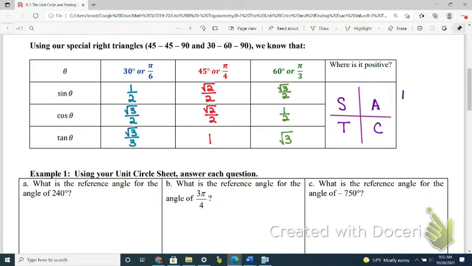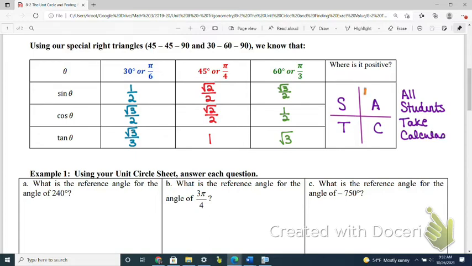That is the acronym we are going to remember. And we always go counterclockwise, just like we name the quadrants. So what does that tell me?